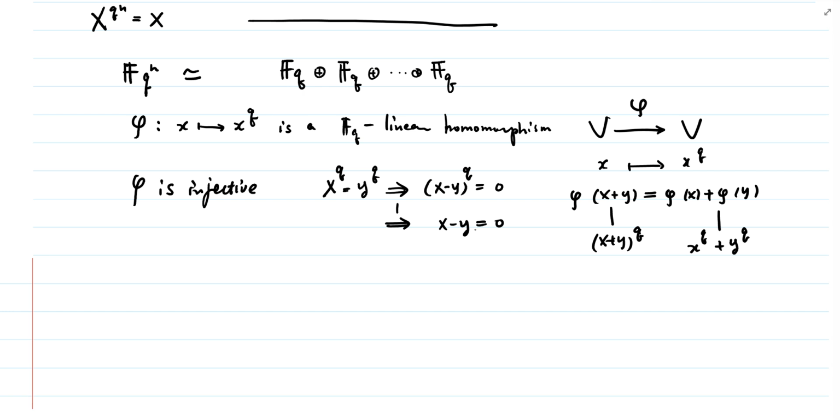It is injective and also a q-linear homomorphism, so phi is surjective, just projective.